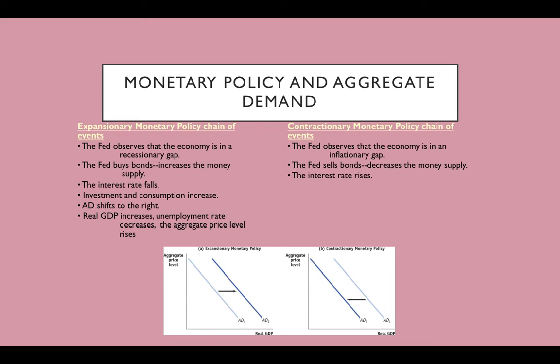From there, the interest rate is going to rise. With a higher interest rate, businesses are not going to be so quick to invest. Interest-sensitive consumption is going to decrease, and aggregate demand is going to shift to the left. This is going to decrease real GDP, increase unemployment, and decrease the aggregate price level.